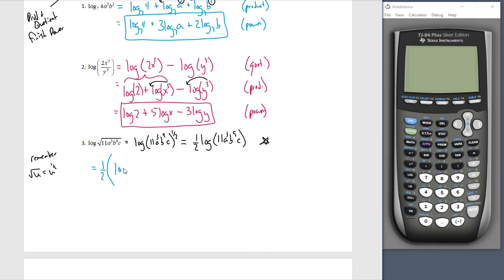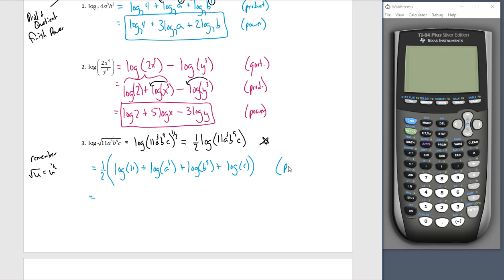So that's log of 11 plus log of a to the 3rd plus log of b to the 9th plus log of c. And that 1/2 goes with all of them. I'm going to keep that 1/2 there.